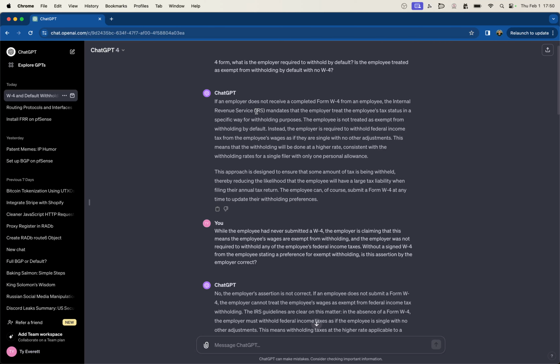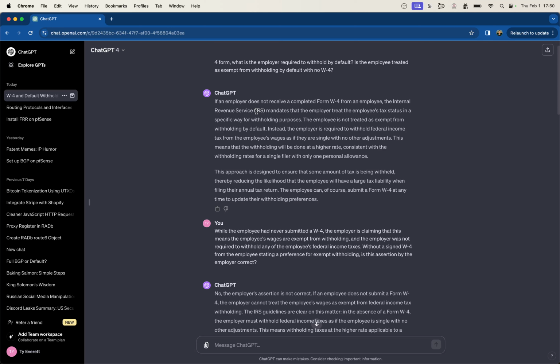While employees should regularly review their pay stubs to ensure accuracy in deductions, including federal income tax withholding, the primary responsibility for initiating and correctly handling tax withholding lies with the employer.